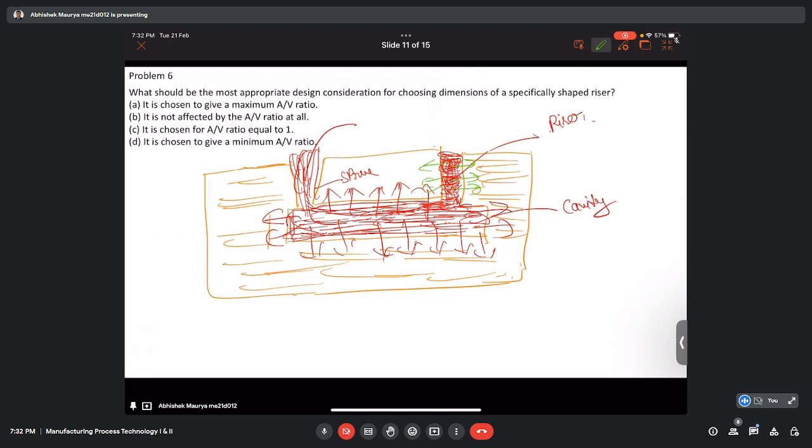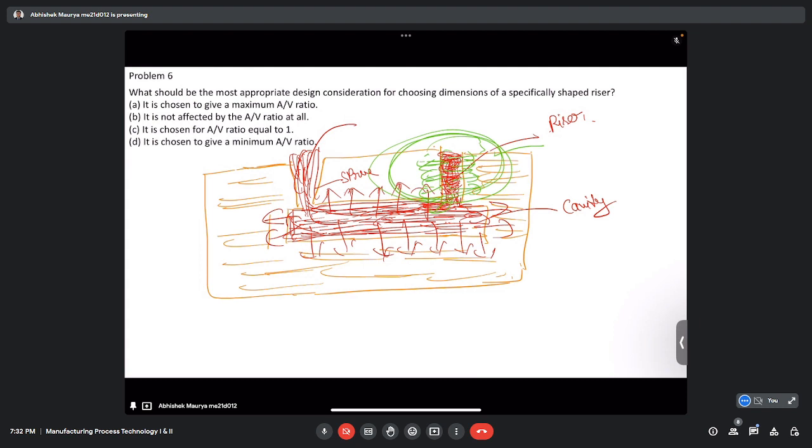Similarly, in the riser, the heat goes away wherever the molten metal is in contact with the mold walls. So we want solidification in the riser to happen slowly, so that it is able to provide molten metal to the cavity during the solidification. And that heat transfer totally depends upon the area of contact.